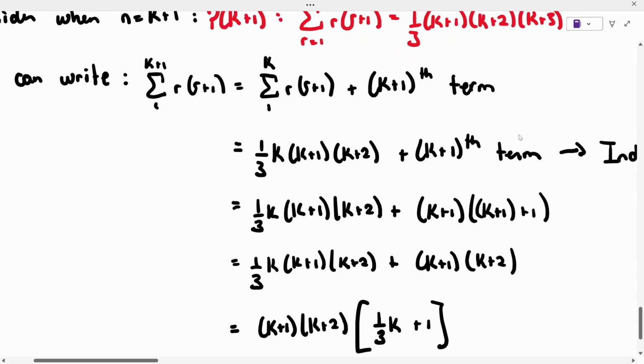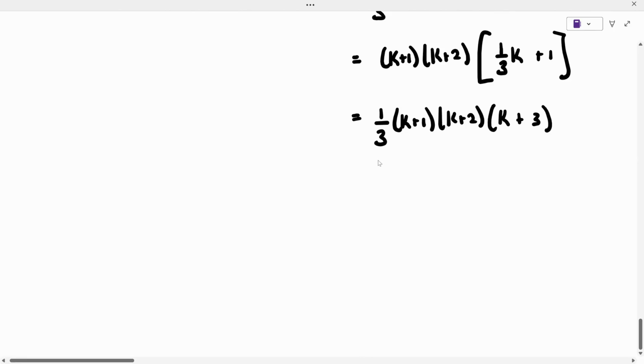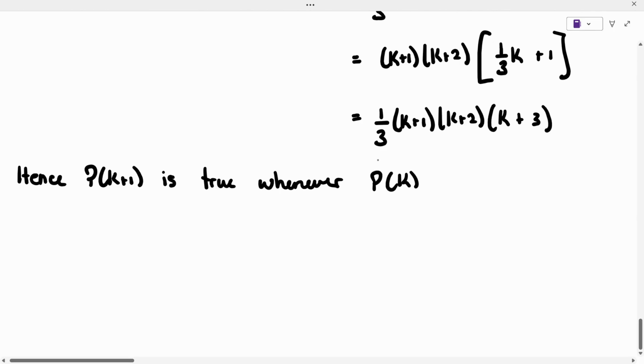So we just took P of k and showed P of k plus 1. So hence, P of k plus 1 is true whenever P of k is true.